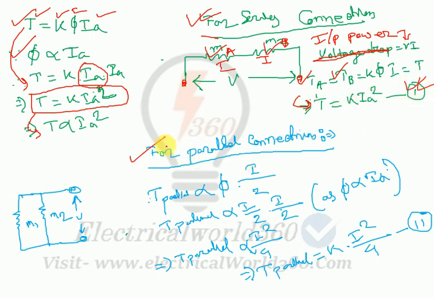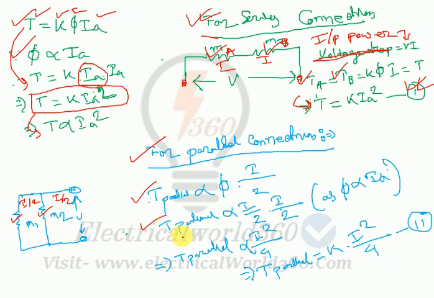For the parallel connection, suppose this is motor 1 and this is motor 2. Motor 1 is getting I by 2 current, and motor 2 is also getting I by 2 current. So T parallel is proportional to theta into I by 2. Why I by 2? Because each motor in the parallel connection gets I by 2 current.